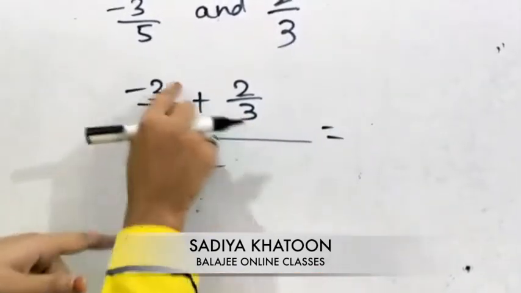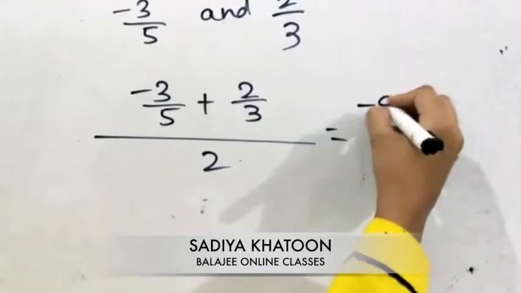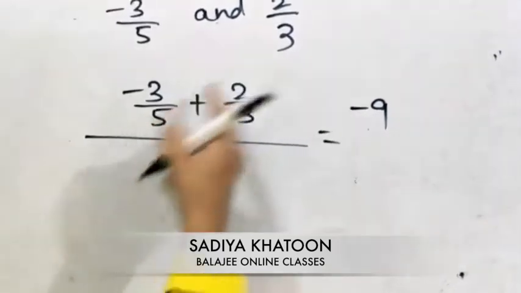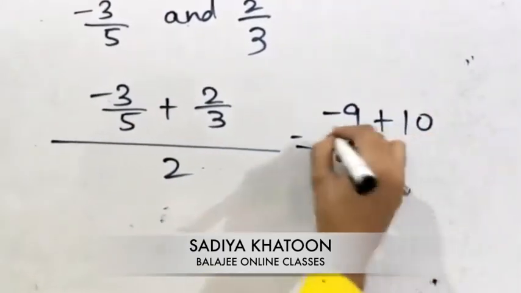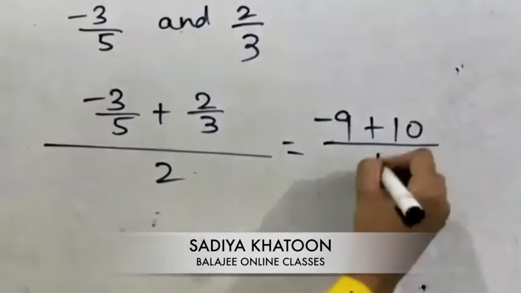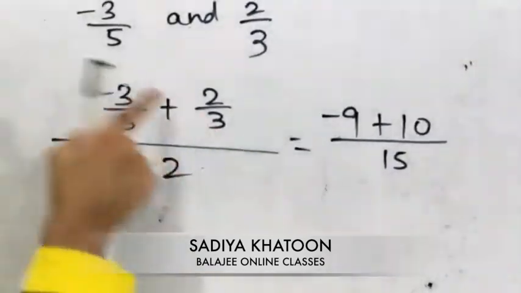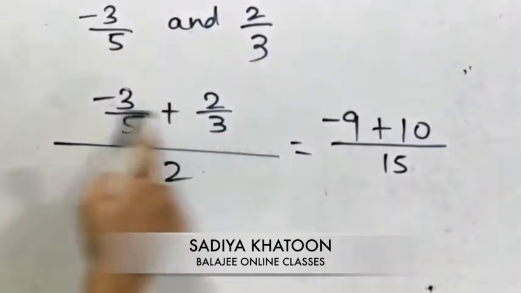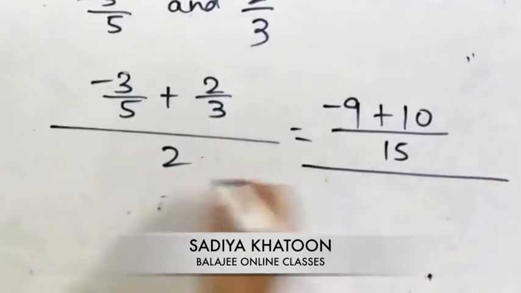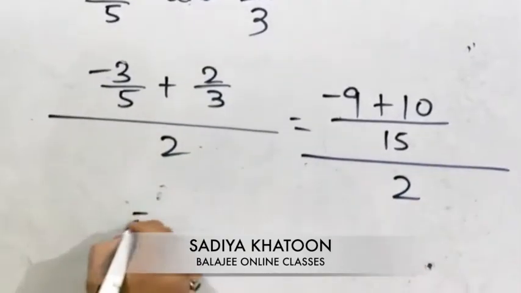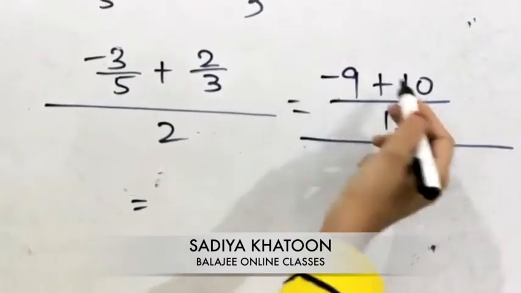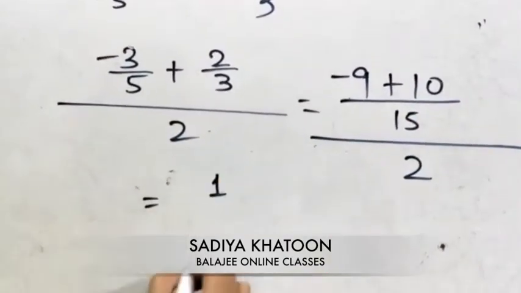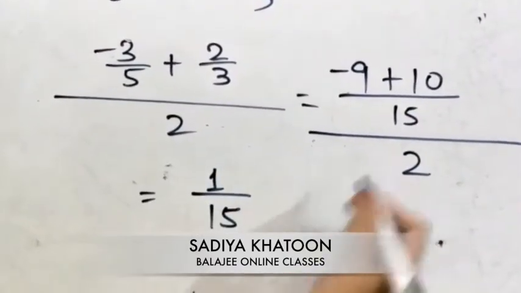So 3 3s are 9, you will write minus 9 plus 2 5s are 10, divided by 5 3s are 15. Cross multiply here and multiply directly below, and this whole thing is divided by 2. What you will get: minus 9 plus 10, you will get 1 upon 15, divided by 2.